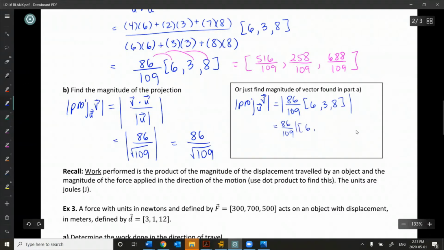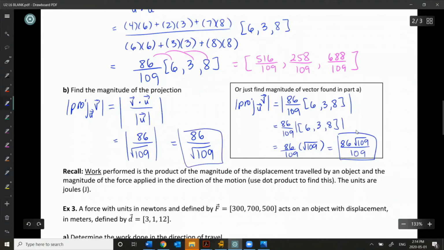And then you can just take the magnitude of the vector itself, which we've already found in our previous calculation to be the square root of 109. So essentially you get what you got in the first version of this calculation, but you get the rationalized denominator version of that. So these are really both the same, but one has a rationalized denominator and the other doesn't.